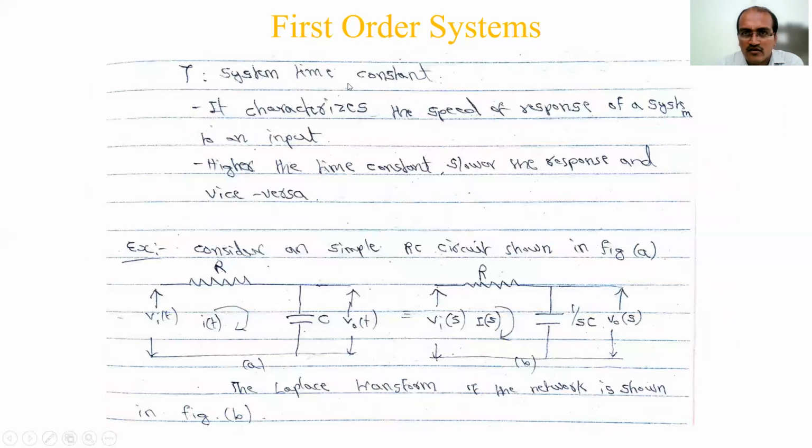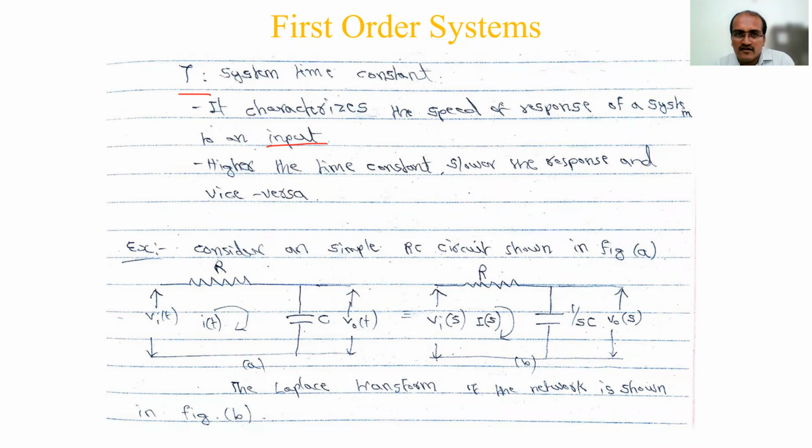So here tau is nothing but the system time constant. It is the feature in the first order system. It characterizes the speed of response of a system to an input. If you have applied a gear in an automobile, it will take the speed, right? So that depends on their components. The same way in the electrical circuit, the time constant is based on the resistor and capacitor combination. Resistor may be high, capacitor may be low, whatever, the product we call the time constant.